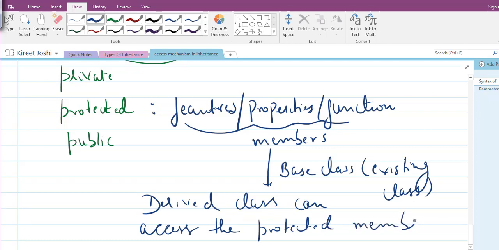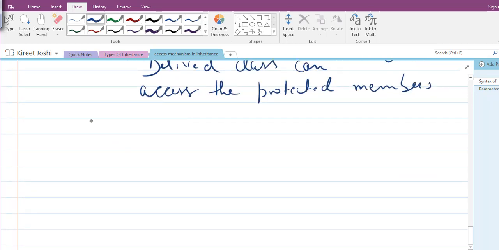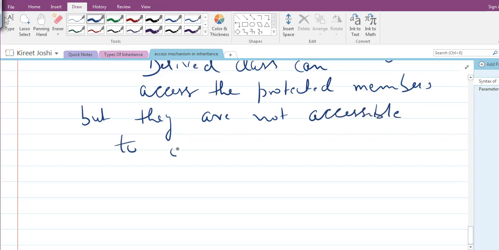but they are not accessible to the outside world. What does it mean, the outside world? Outside world means you cannot access the protected members directly with the object.